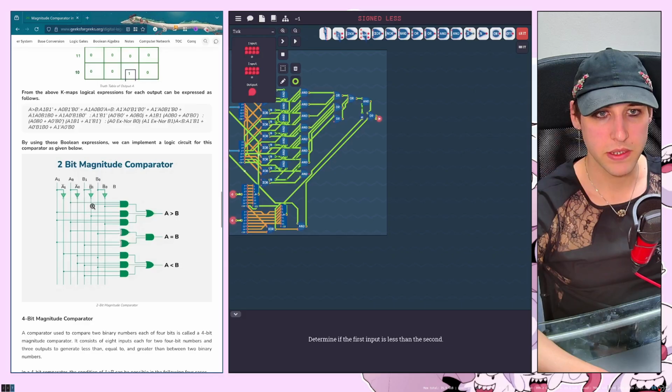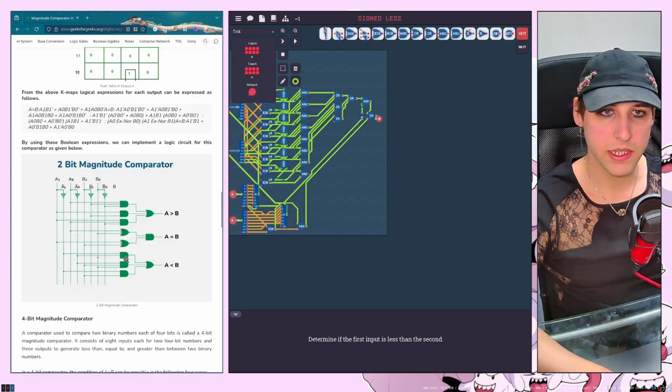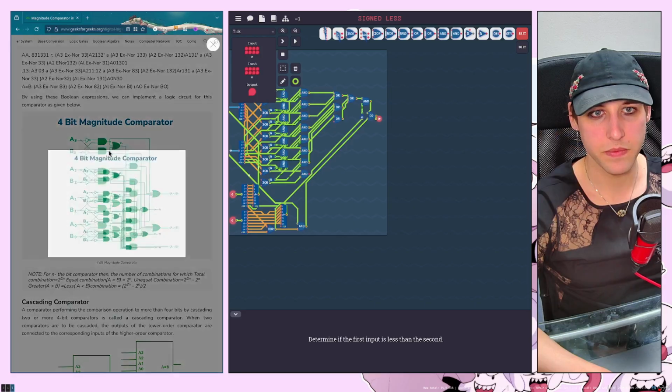Yes, this makes sense as well. It's basically, no, it's different. 4-bit magnitude comparator is where it gets interesting. Look, this is basically exactly what we've built. Now it's a little bit different. Let's have a look at this.